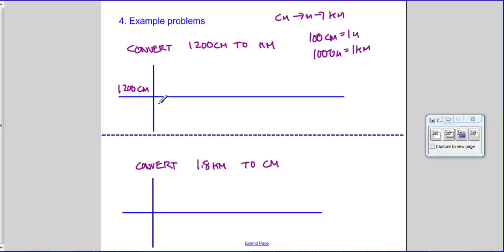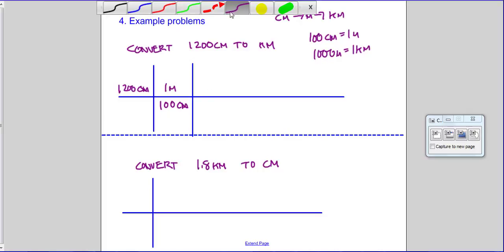So for every 100 centimeters, that's 1 meter. So centimeters cancel. Now, I don't want meters in the end, I want kilometers, but I know that 1,000 meters is 1 kilometer.